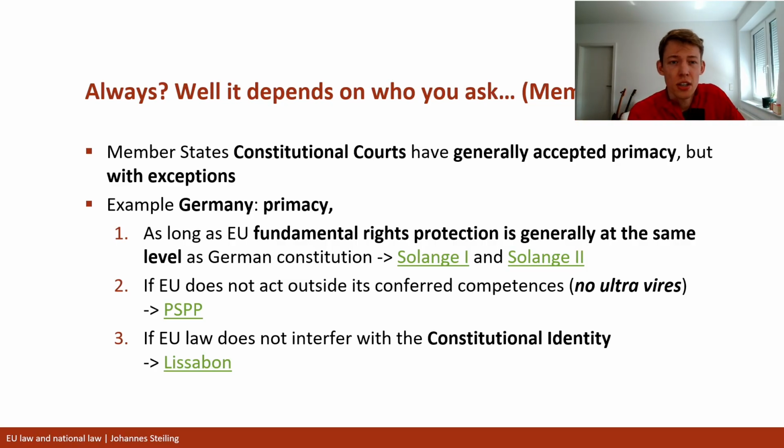And this was actually a decision about the European Central Bank buying bonds from states during the financial crisis, and the ECJ held in a judgment that this program of the European Central Bank was valid, in conformity with EU law.